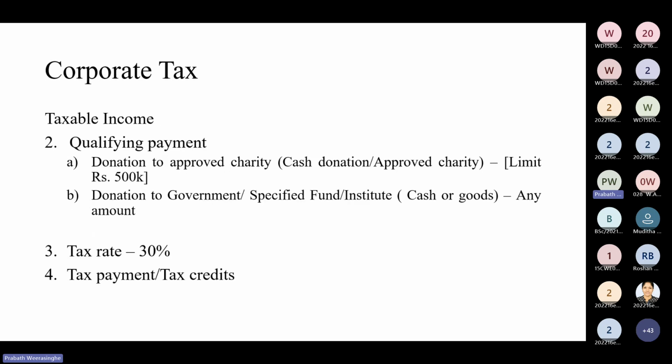Then the qualifying payment: cash donation to the approved charity. You have to check whether it is a cash donation. If it is not, even though the charity is an approved charity, we are not entitled. Even a cash donation shall be to an approved charity institution established for institutional care for the economy and approved by the ministry. If that is the case, we can deduct, but there is a maximum cap of 500,000 LKR, right?